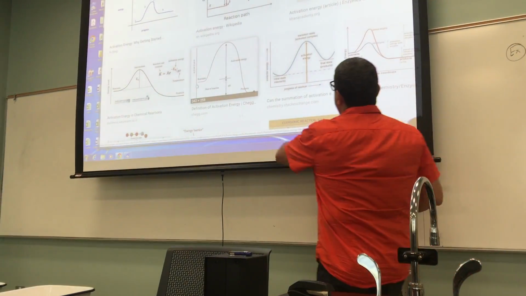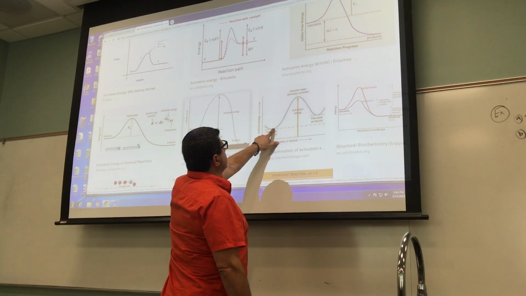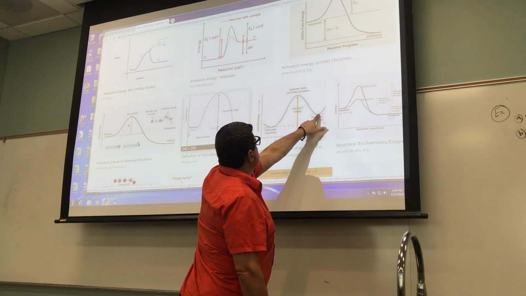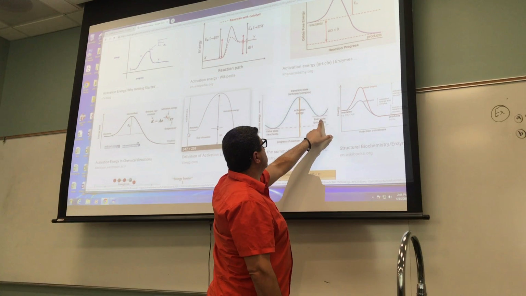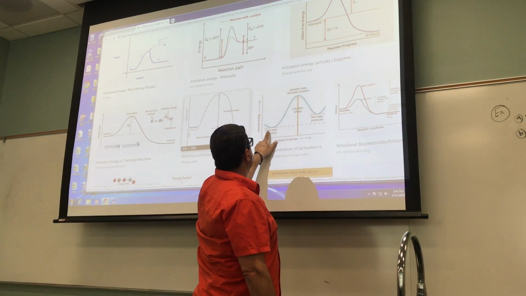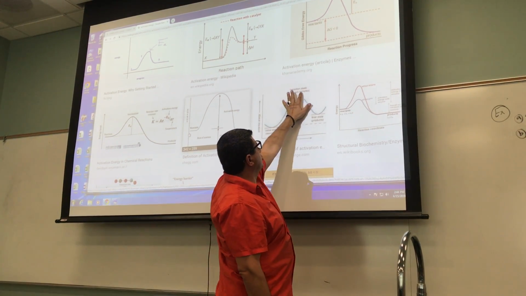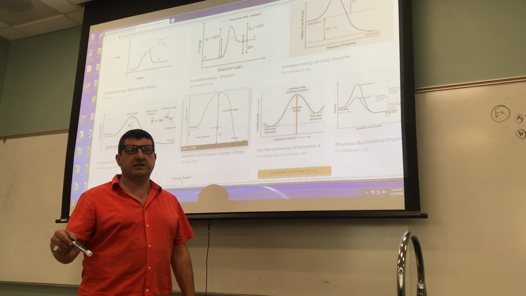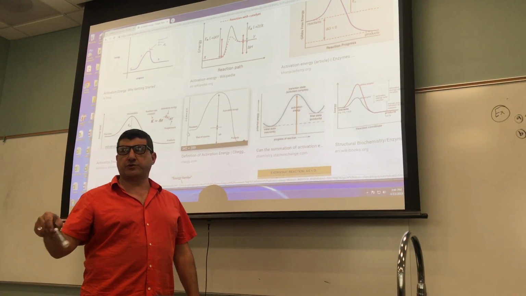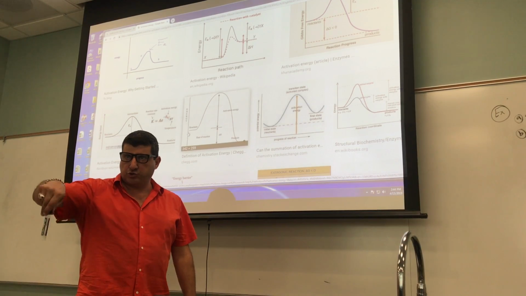So in other words, if you start here with the reactants, we want to get over there. So we have to go over a hump to get to that state. This is the final state, this is the reactants. So you need to go through a transition. It might be that you mix some sugar in the coffee and you need activation energy for it to saturate. So you just mix it.